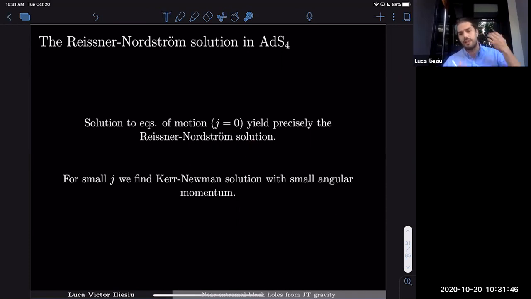So even though we integrated out these gauge fields, the classical solution in the resulting dilaton gravity still precisely gives you the Reissner-Nordstrom solution.